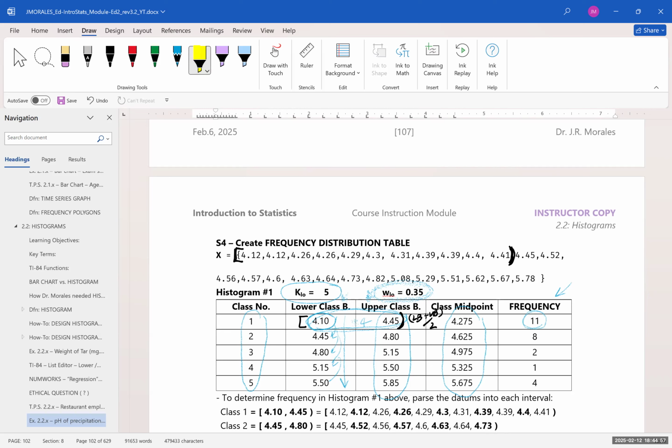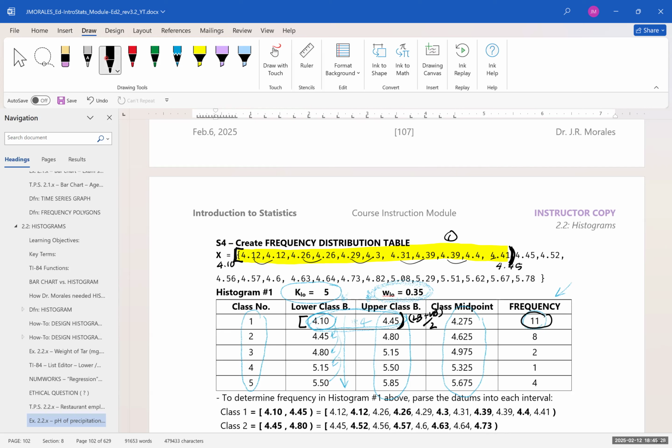And so the frequency in this first class is going to be all of these datums between 4.10 here and up to, but not including, 4.45 there. This is class 1. And so if I did this correctly, we're going to have 2, 4, 6, 8, 10, 11 datums. That's why there's a frequency of 11.